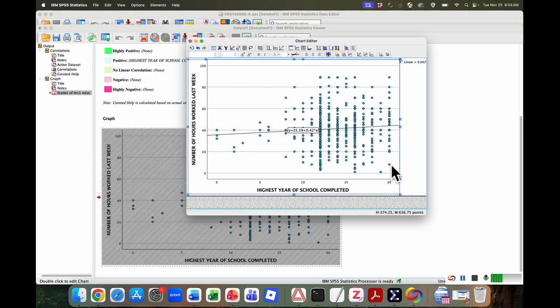This is done by calculating the distance from each data point to the line and looking at what's called the residual or error. That is the distance of the data point from the line. The whole point is this line has the least possible amount of error, or the least amount of residual separation between the data point and the line. We also see up here we have r squared linear equals 0.007.